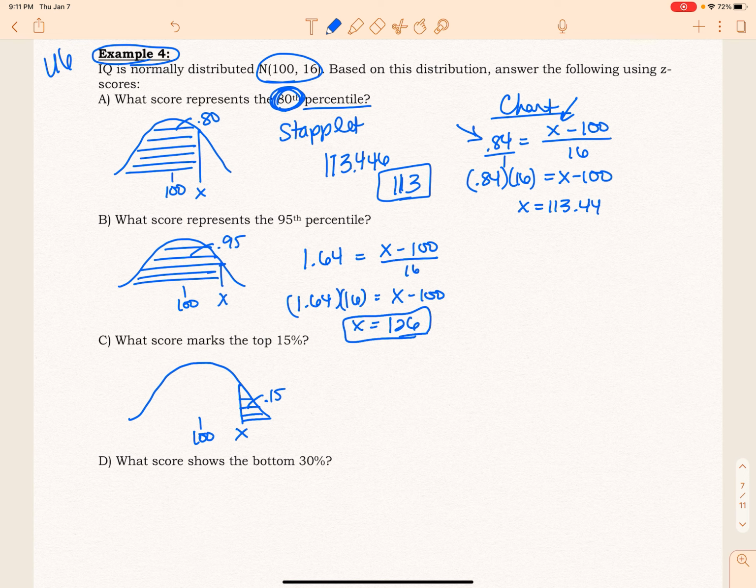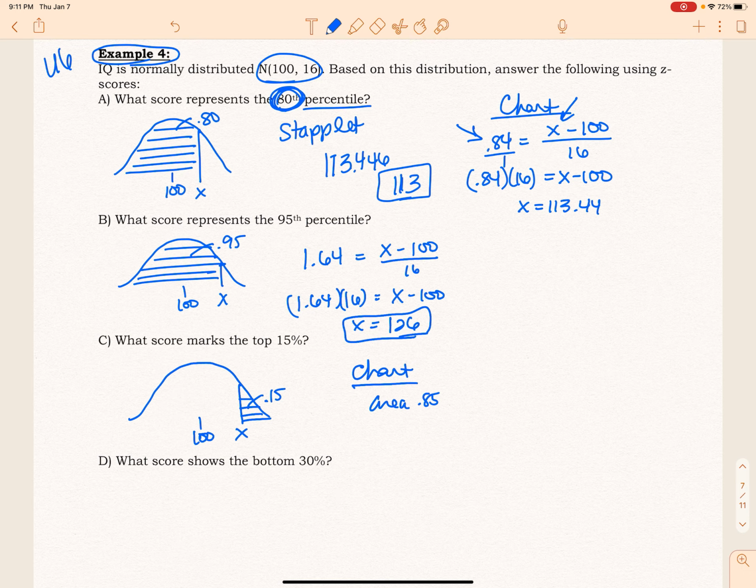Okay, for this one, you have to be careful if you use your z-score for your chart, because if you look for 0.15 in your area, it's going to find this one over here, and that's not the one you want. So if you use your chart for this one, then you're going to want to look up an area, not a z-score. Well, you're going to look up an area to find your z-score. You're going to want the area for 0.85. Just be careful with that.